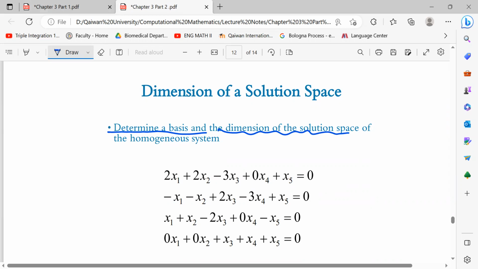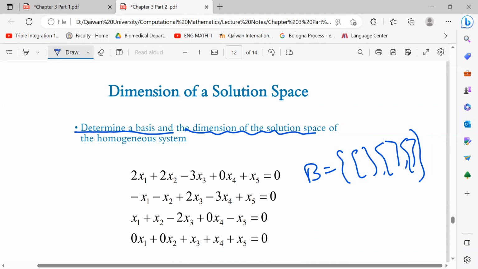For the dimension of a basis or the solution, we just look at the number of vectors in it. For example, if the basis has 3 vectors, its dimension is 3, because you have 3 elements in it.